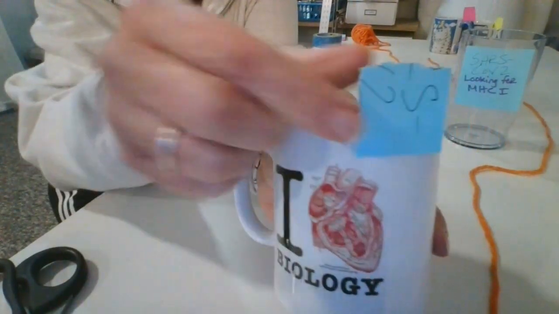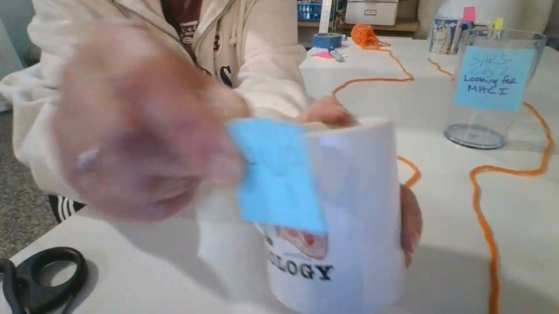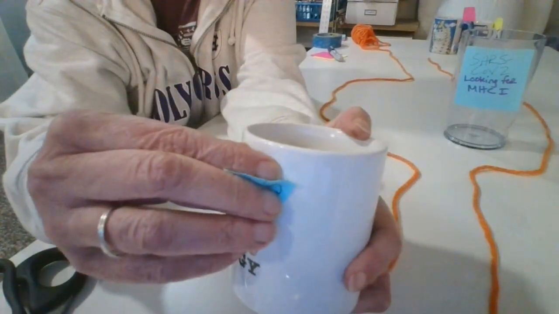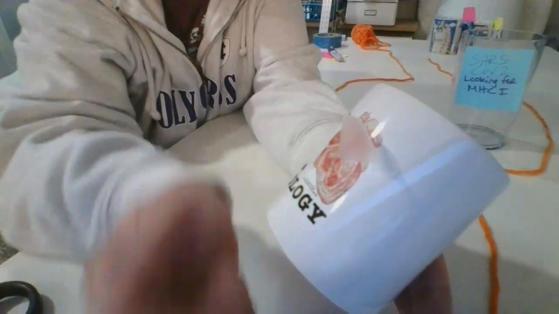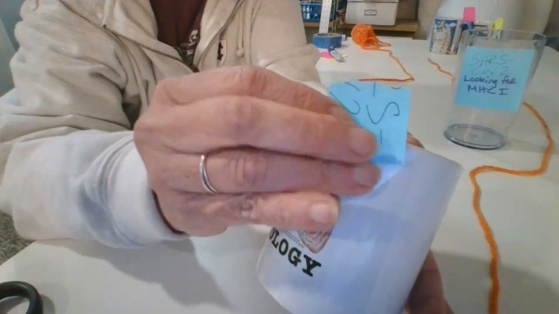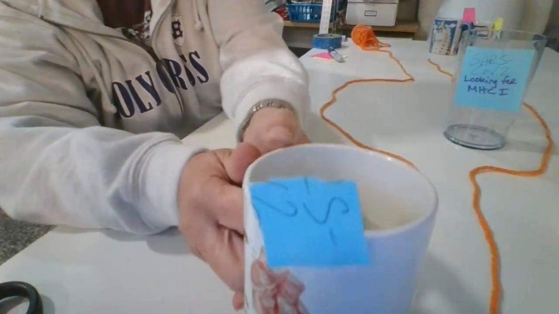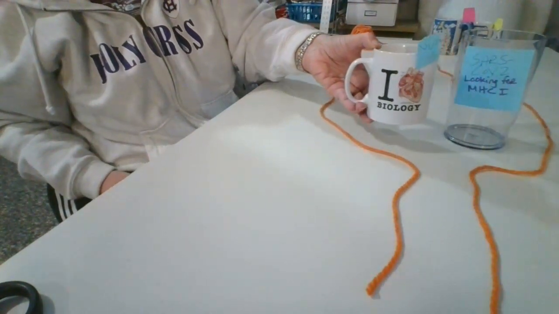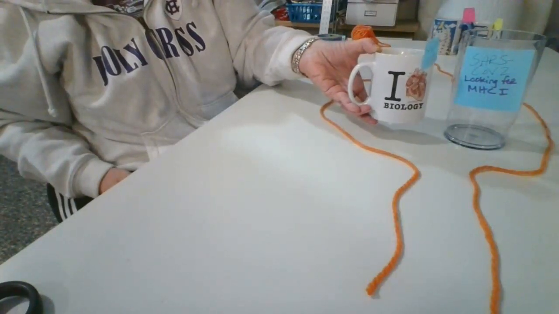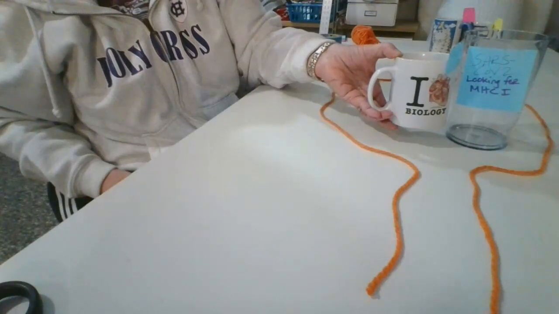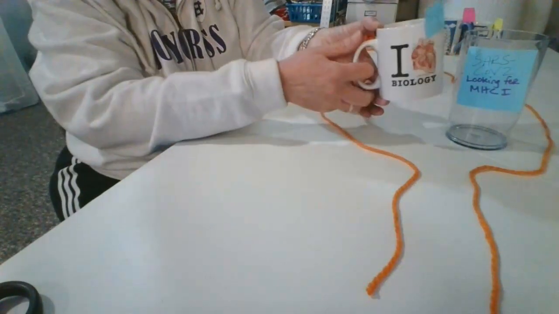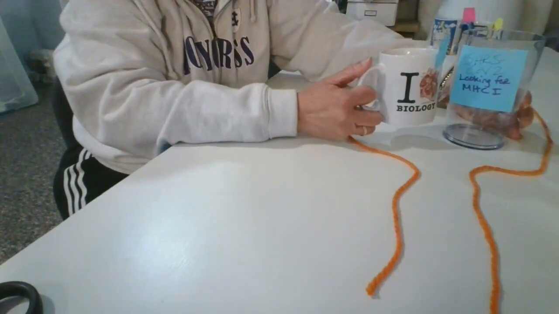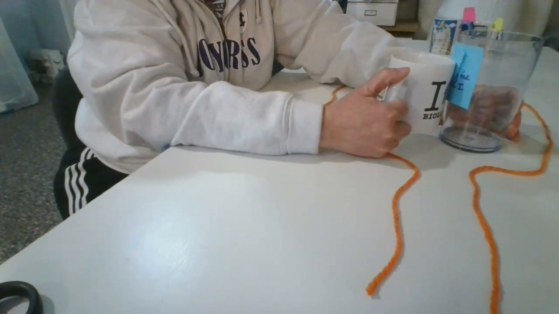T cell can only see this, that piece of antigen on an MHC1 receptor, my single piece of tape for my MHC1 showing a piece of my endogenous pathogen. So my APC moves again through the vessel, says, hello, T cell, and T cell says, yay, I found my match. So at this point, the APC and the T cell receptor are going to bond to each other.